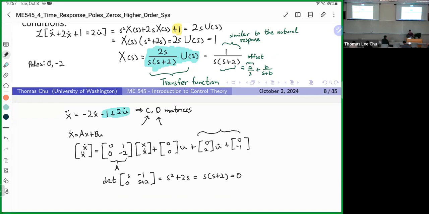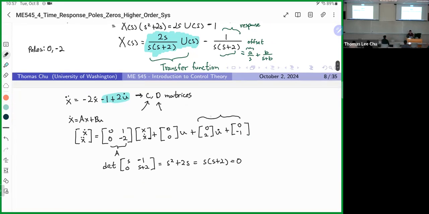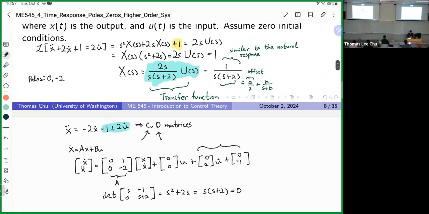These terms will somehow pop into the C and D matrices. This part probably won't even pop up in the ABCD matrix. This is going to be our initial condition term, basically.